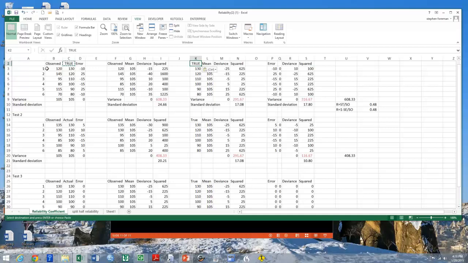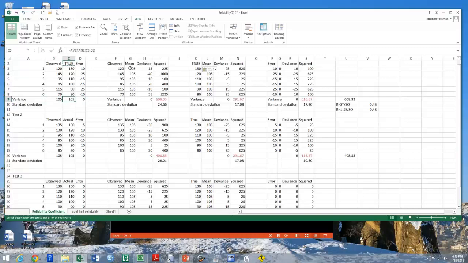Here's the error, the difference between what's true and what's observed. And if you look at the cells here, it is the observed minus the true. So here are our errors. They add to 0. Since error is random, they cancel out. So we take our means for both observed and the true, and they have the same mean.